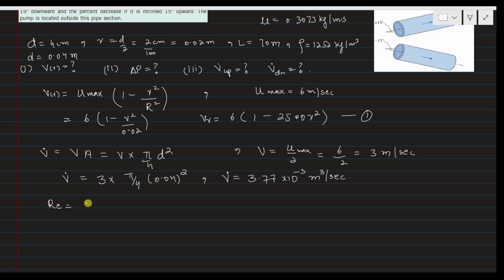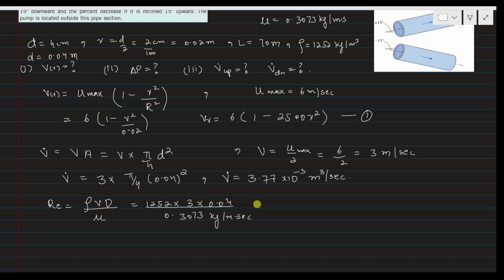That is equal to rho V d divided by dynamic viscosity. So what is rho? That is 1252, into velocity, that is 3, diameter, that is 0.04, divided by dynamic viscosity, it is 0.3073 kg per meter second.